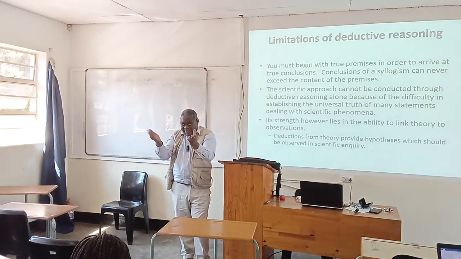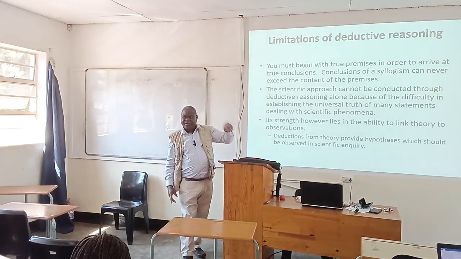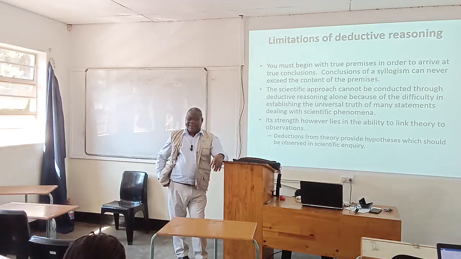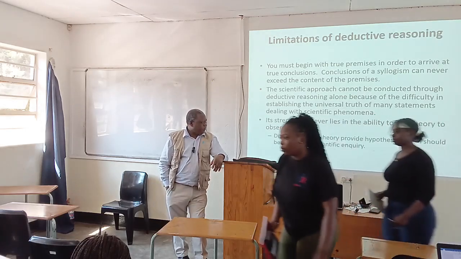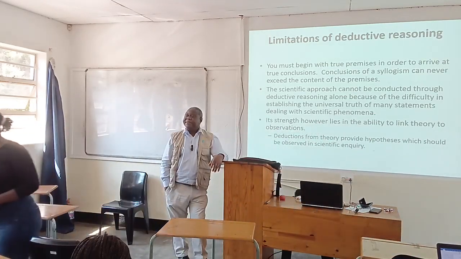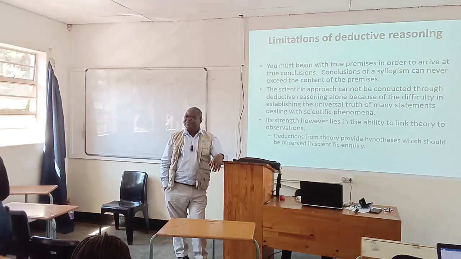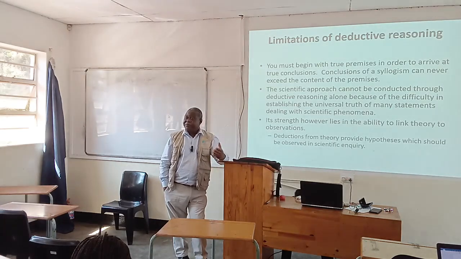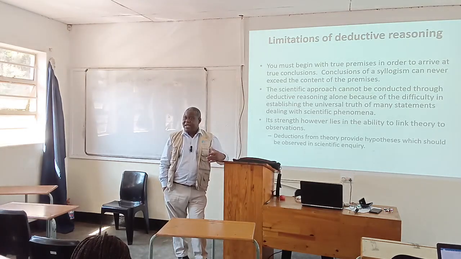And that statement comes through the process of deductive reasoning. And therefore, the deductive reasoning becomes a very important part of the research process because it is helping you to come up with facts that you can rely on.